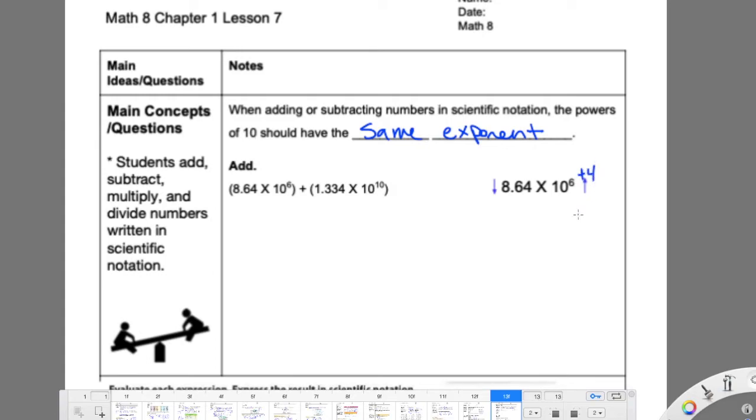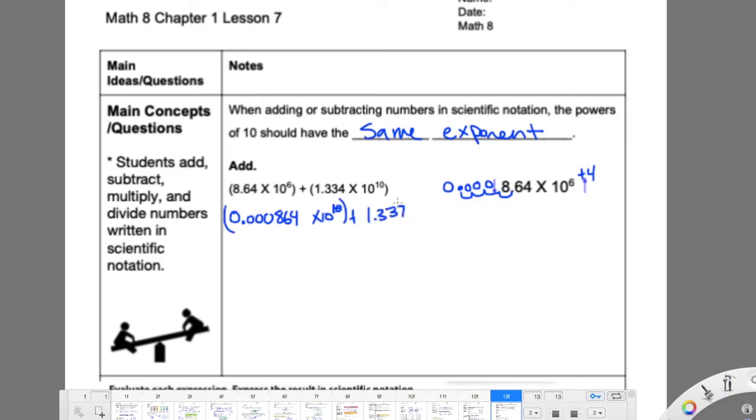And in order to go up by 4, it means I need to move to the left 4 times. 1, 2, 3, 4. 1, 2, 3. I put zeros in there, put a 0 in the front. So now I have 0.000, 3 zeros. So I've corrected that number times 10 to the 10th power. And now I can add this piece to it because now they're both in the same position.